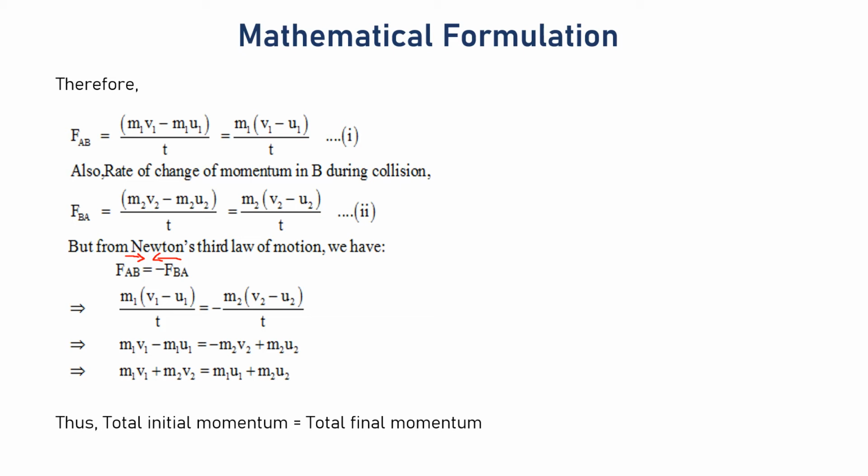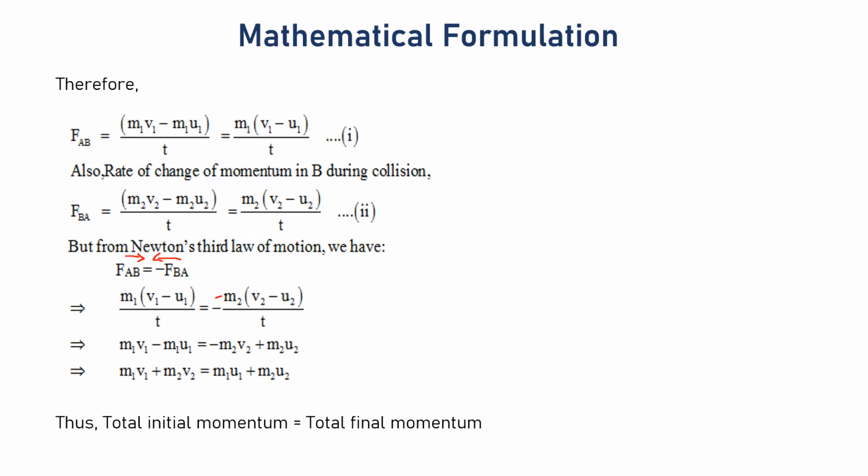Now you have to substitute these values over here. So you substitute the rate of change of momentum when body A acts a force on B, and the rate of change of momentum when body B acts a force on A. Now over here you can see there is a negative sign outside, so because of this, m2 will become negative. Let's multiply minus m2 with v2.